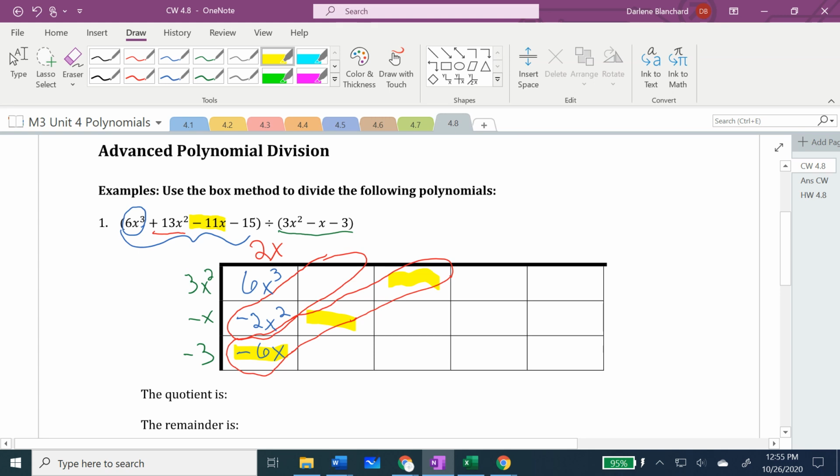But the thing is, you're going to do one degree down at a time. We first just took the 6x cubed and wrote it down. The next thing we're working on is x squared, and we only have one other box to go in. And correct, 15x squared, that is exactly what you want to add to negative 2x squared to get positive 13x squared.